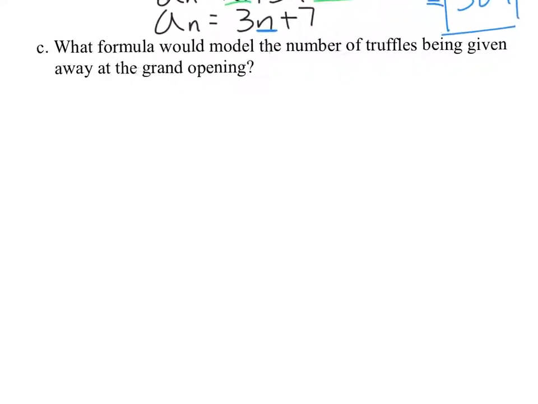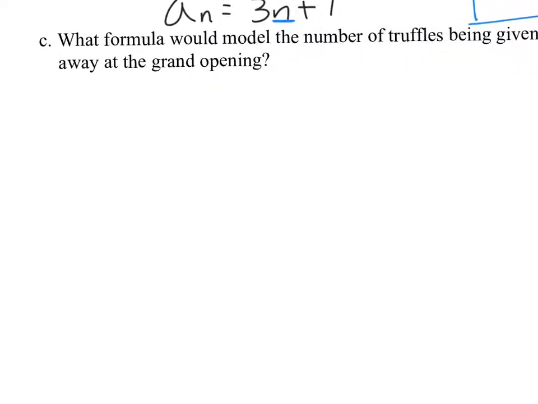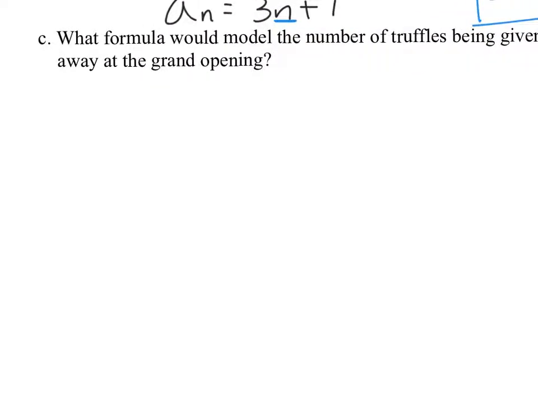So this last example, what formula would model the number of truffles being given away at the grand opening? You can use the example from above, but if you want to do it just one more time, we have a sub n equals a sub 1 plus D times n minus 1, which is our explicit formula.